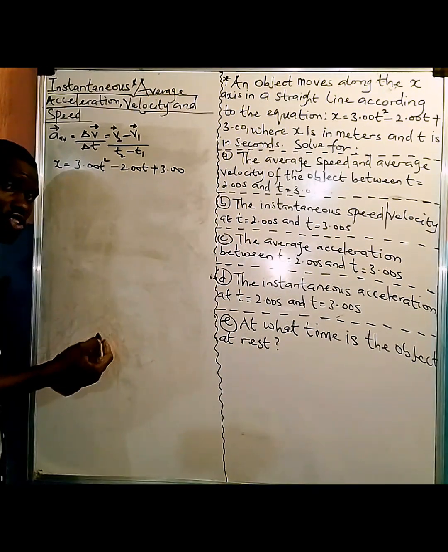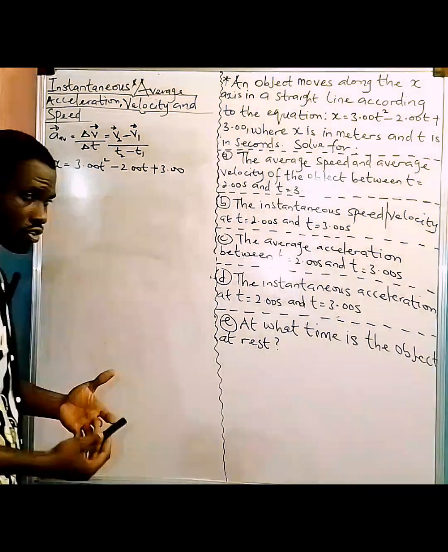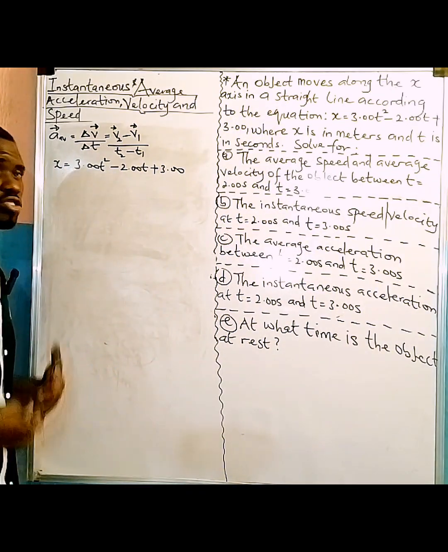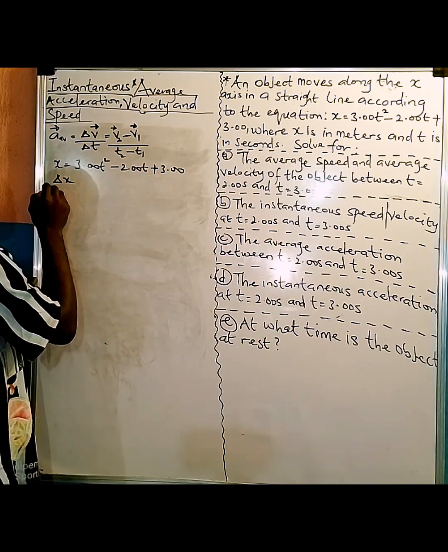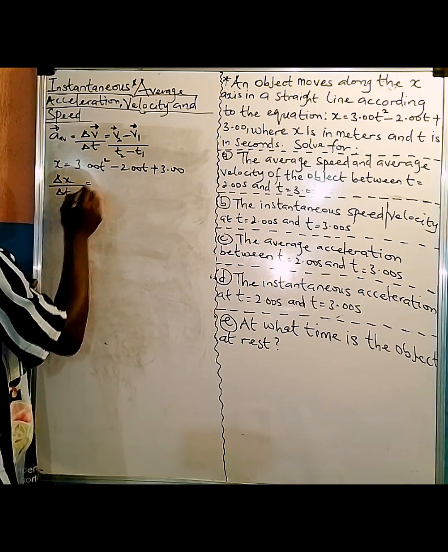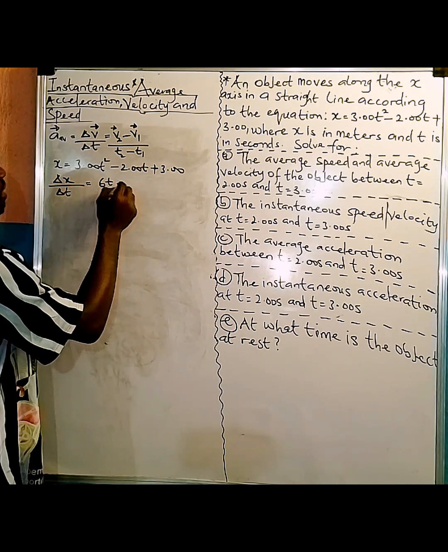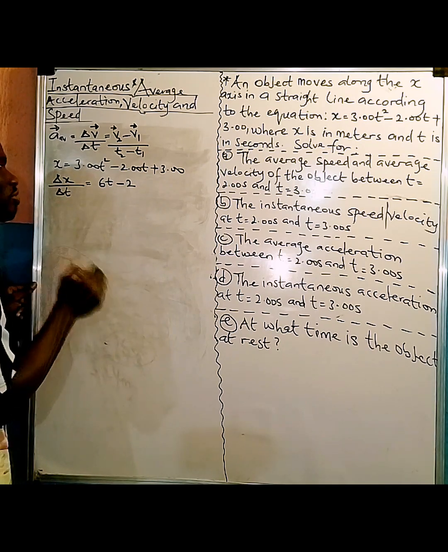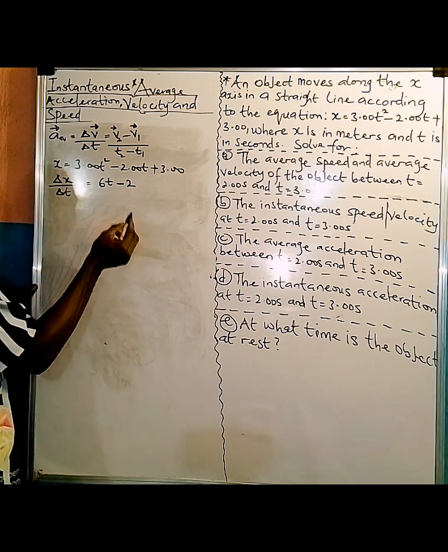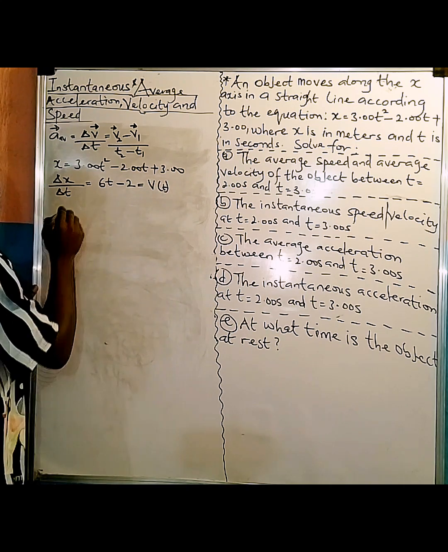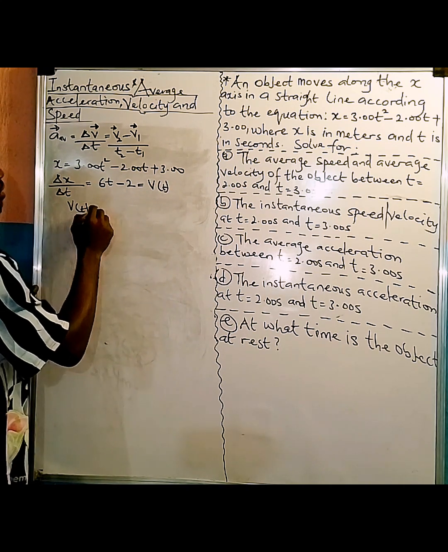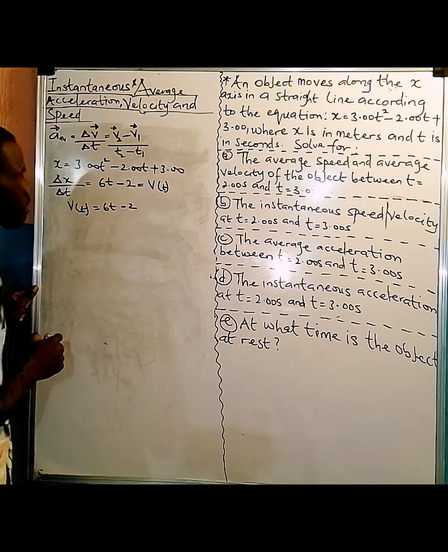We could be doing double differentiation, so you differentiate first and after that you differentiate again. First, change in displacement over change in time taken, after all we did, we got 6t minus 2. So velocity at this time is 6t minus 2.